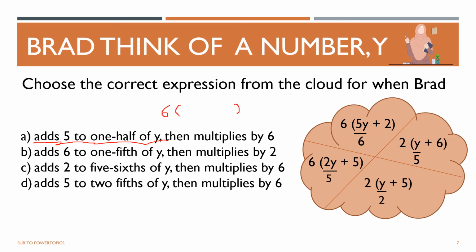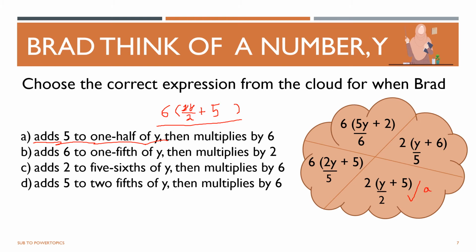It says adds 5 to 1/2 of y. We know that 1/2 is written as here. So the 1/2 is of y, but we aren't going to write the 1. And then Brad adds 5. So our expression is ready here. And the correct answer here is this one. So this is our answer for A.